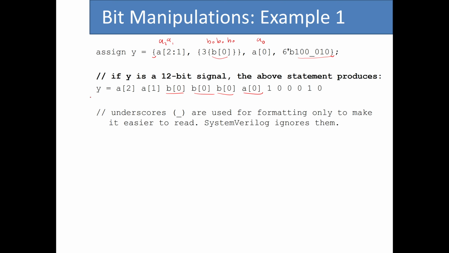This is something that usually happens: not every binary number that you see has similar definitions for every single bit, right? They may have different definitions for the individual bits. But one thing you need to consider is that the underscore, when we use it for defining numbers, is only used for formatting, and SystemVerilog ignores underscores.